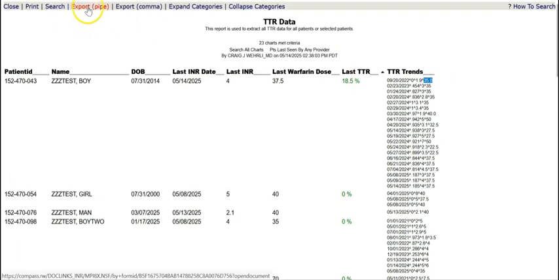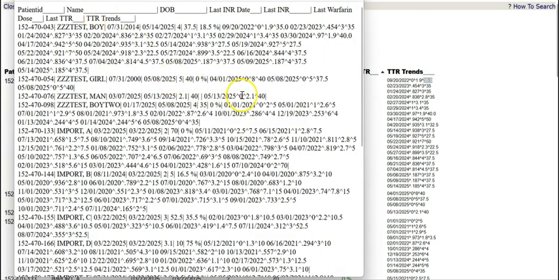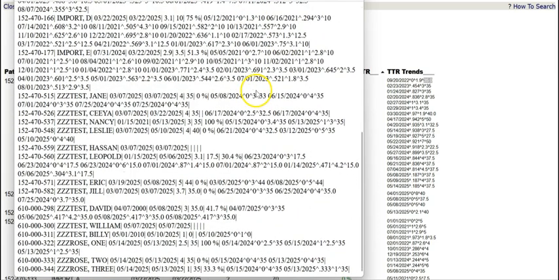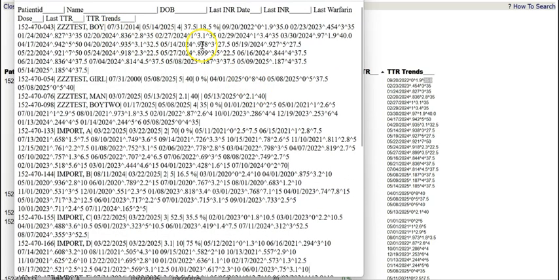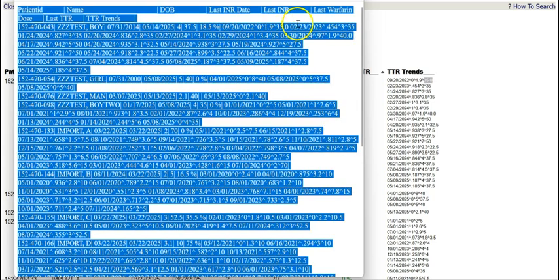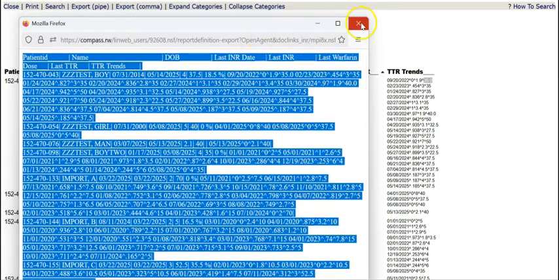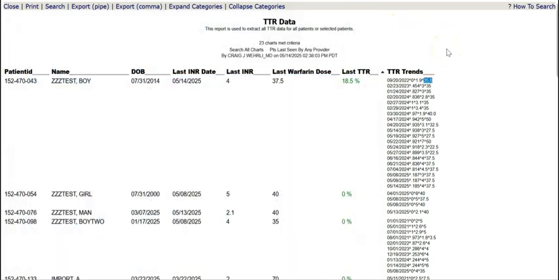This data can be extracted. Simply use pipe or comma. You can select all, copy, and then paste that into Excel for import into Excel statistical programs or other statistical programs.